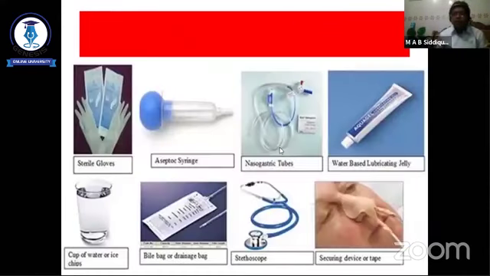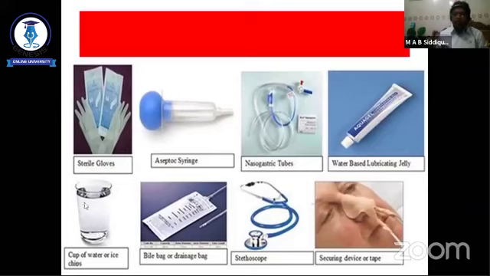So these are the appliances that are required. My question may be like that: what are the instruments, what are the arrangements you need for NG suction or NG feeding? Like that: sterile gloves, aseptic syringe, nasogastric tube, water-based lubricant jelly, a cup of water.